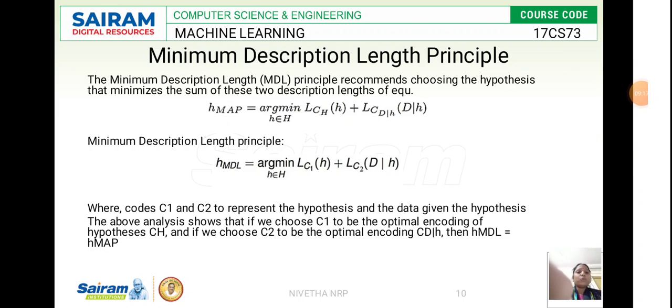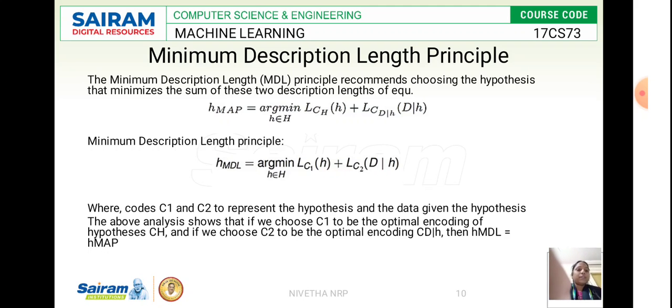When we equate both equations, the hypothesis of H_MAP and H_MDL, both give you the same output. Hence, H_MAP, that is the hypothesis of maximum posterior probability, is equal to the hypothesis of minimum description length.